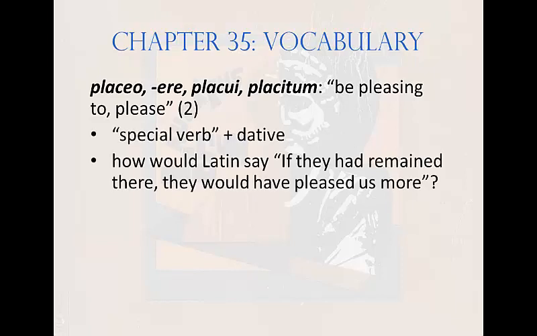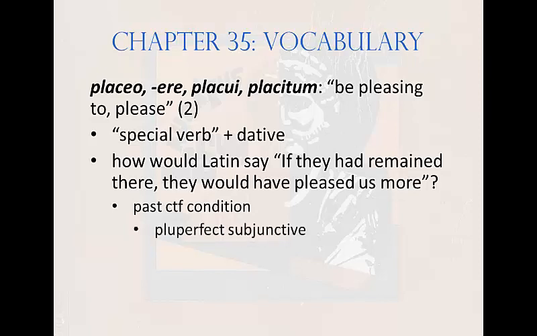How would Latin say, if they had remained there, they would have pleased us more? What kind of condition? Past contrary to fact, which uses what tense and mood? Pluperfect subjunctive.